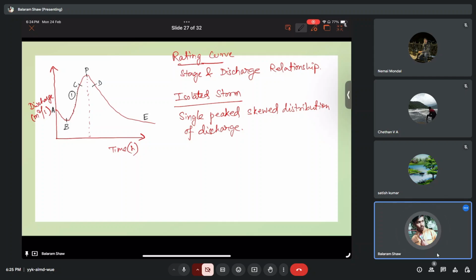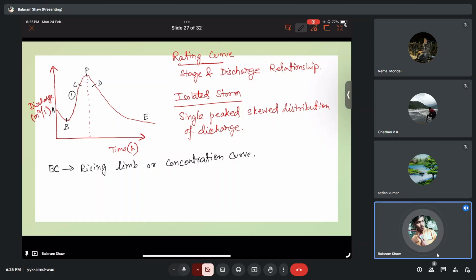But just after that, the runoff will start generating, and it will keep increasing because rainfall is happening. From B to C, we can see that rainfall runoff is getting concentrated, and hence this line, BC, is called the rising limb because it is having a rise. It is also called the concentration curve because, as I said, runoff is getting concentrated here.